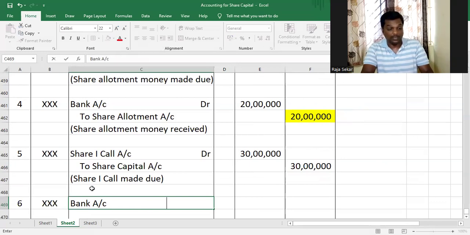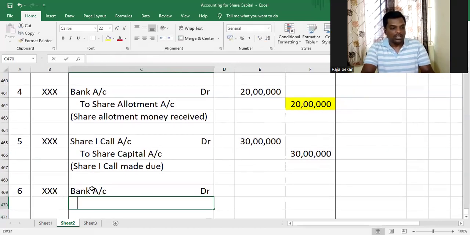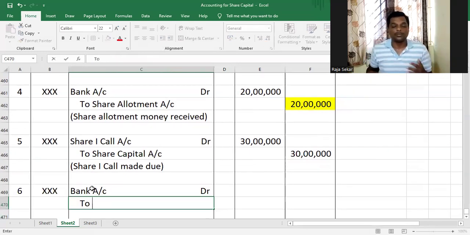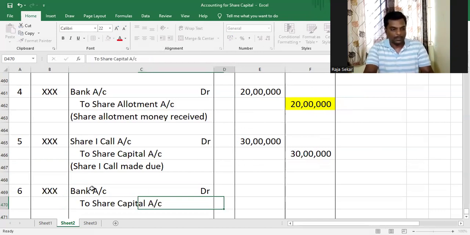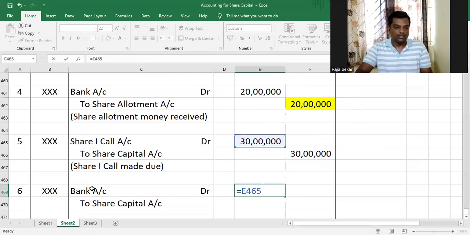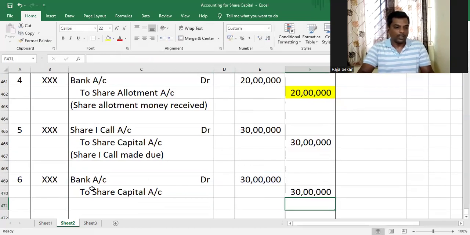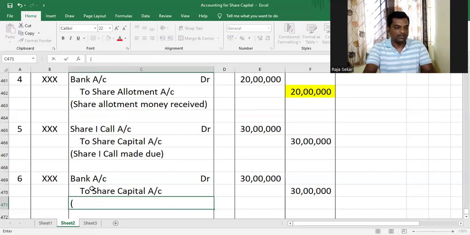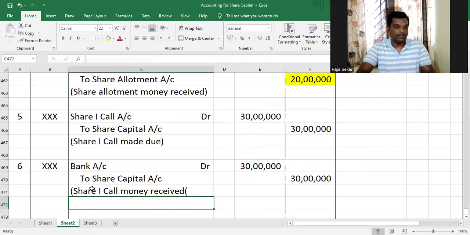As we don't have any excess application money against first call, as we've already used all the excess application money against allotment, we'll be receiving the entire 30 lakhs from the shareholders for first call to share capital account, and that will be the entire amount that we made due, as there are no calls in arrears or calls in advance. Share first call money received.